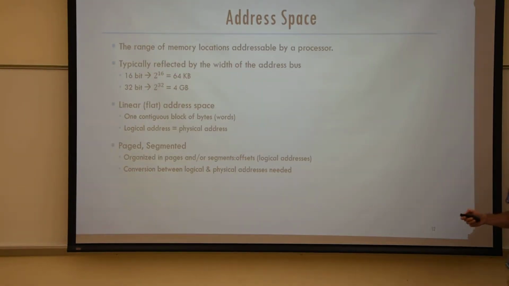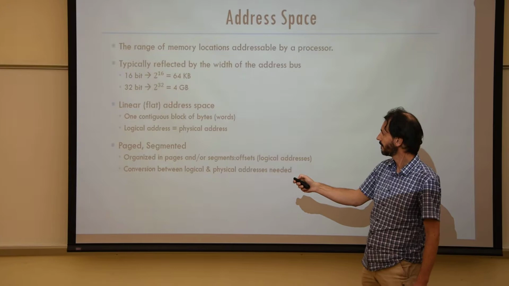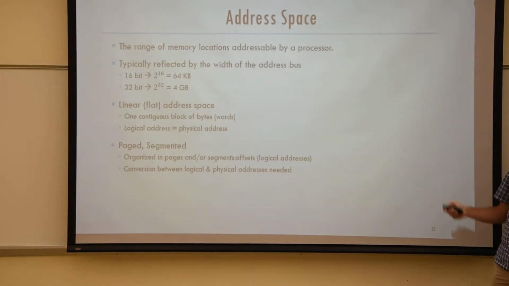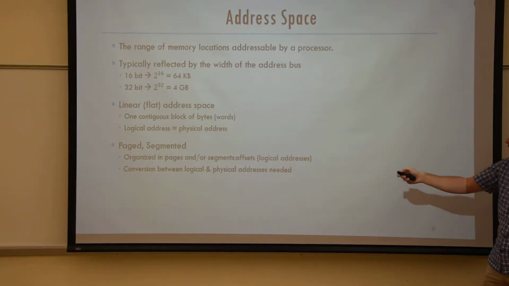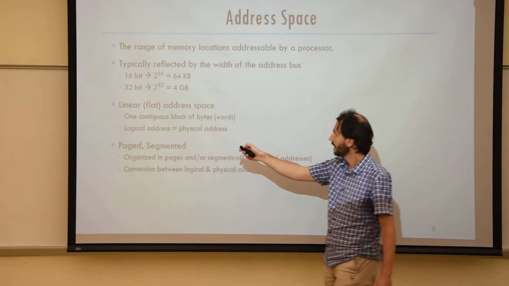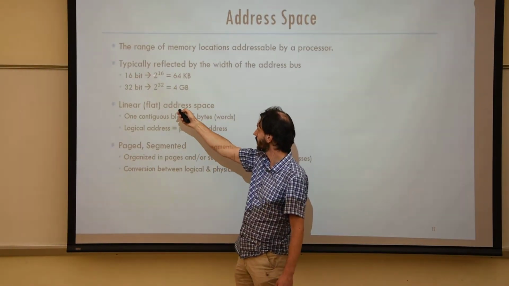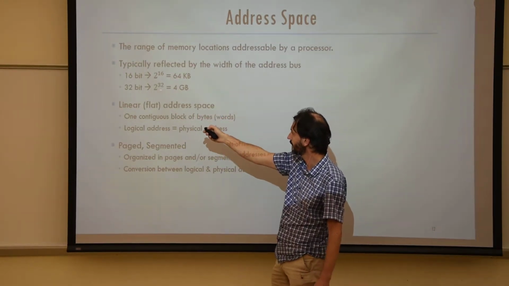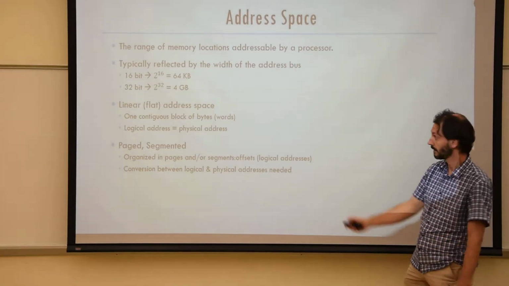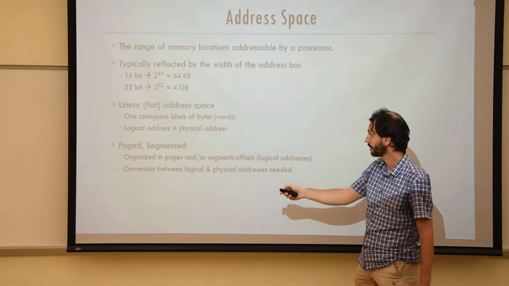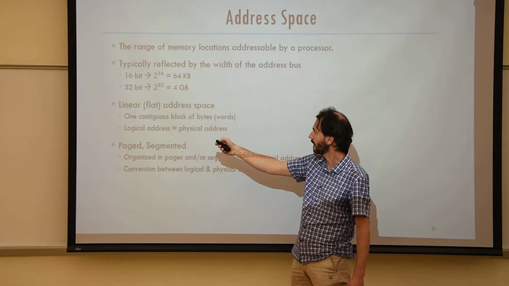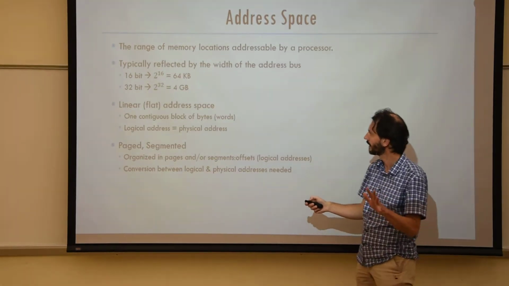All right, let's have an example. We're building towards that. Say we have a range of memory locations that is addressable by the processor, typically reflected by the width of the address bus. Say 16 bits would be 64 kilobytes, 32 bits would be 4 gigabytes.